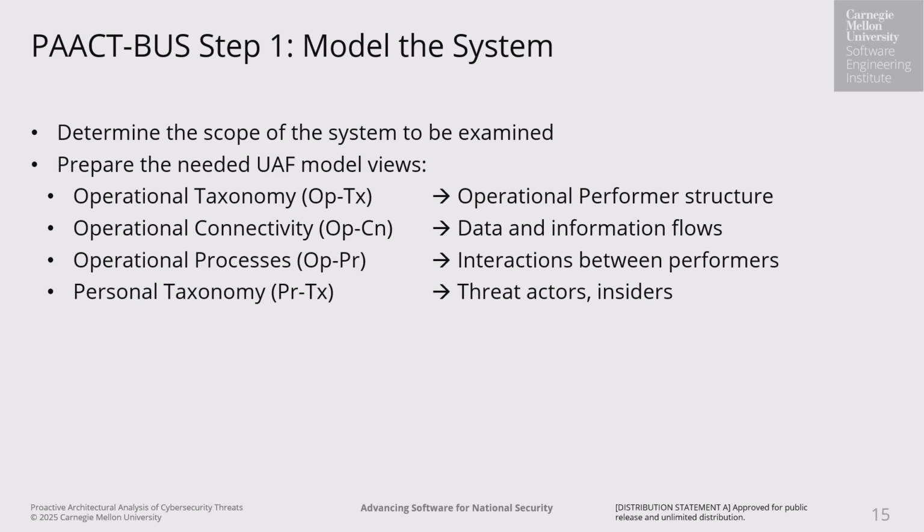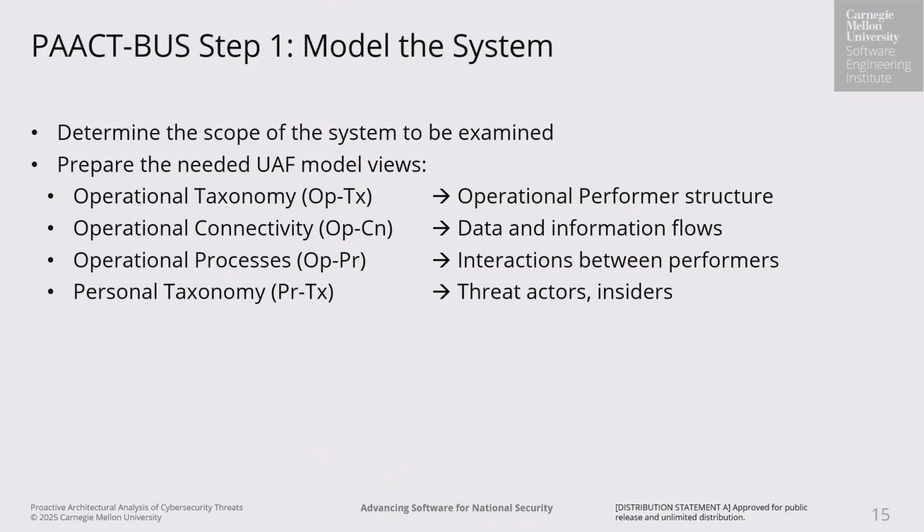The operational connectivity, this is going to be your data and information flows between components. So very high level, you're not going to know necessarily design specifics or specific implementations. But you do know, say, that component A needs to talk to component B and convey this type of information. You just don't know the protocol.